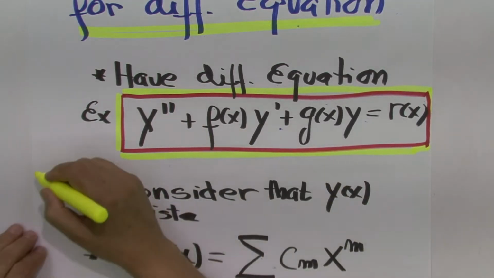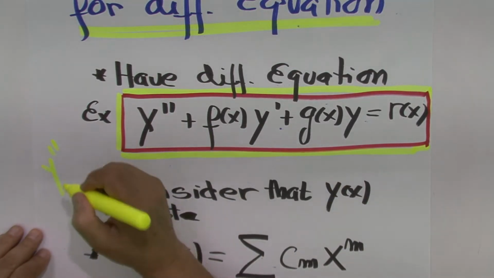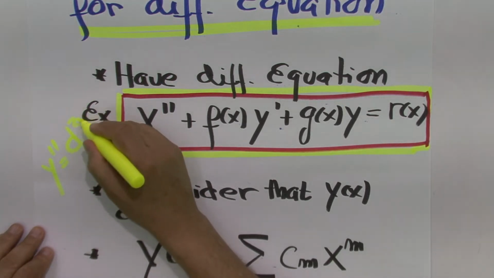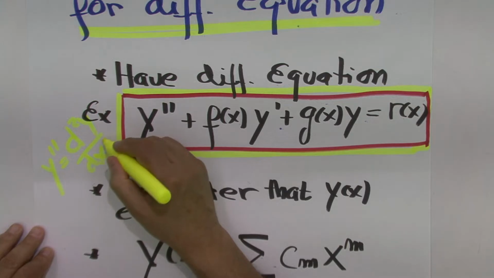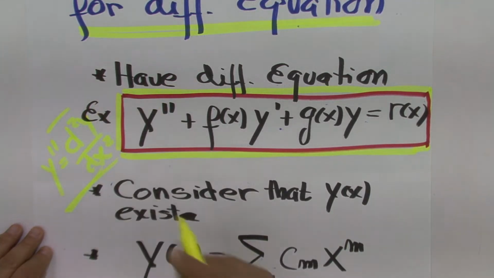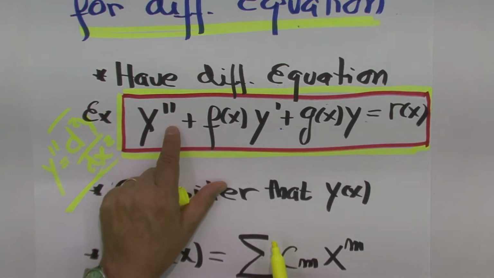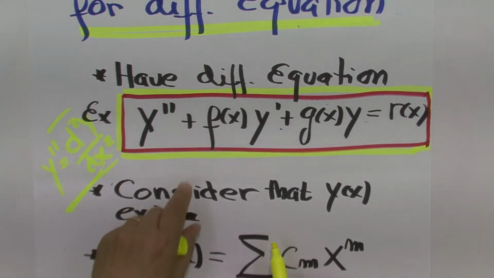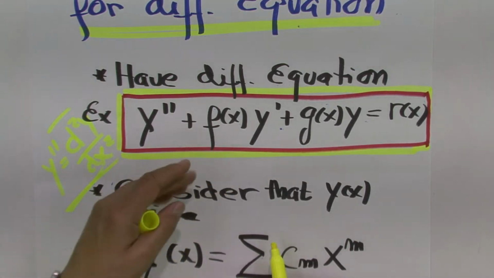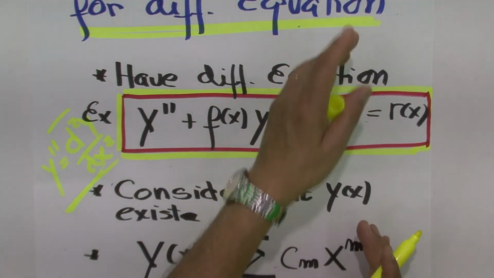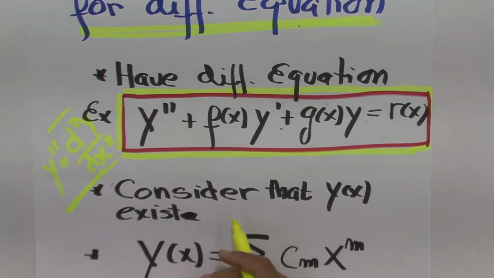We all remember that when I say y double prime, what I mean is d2y dx2, right? This is the notation. When we say y double prime it means second order derivative of y. If I say triple prime and so on, single prime means first order derivative, no prime means no derivative.